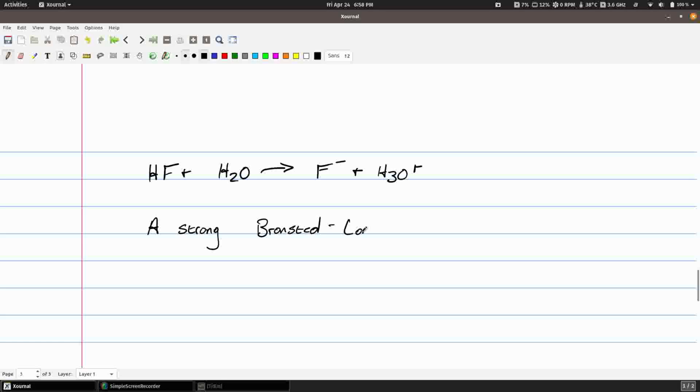So a strong Bronsted-Lowry acid will produce a weak conjugate base because a strong acid dissociates easily.